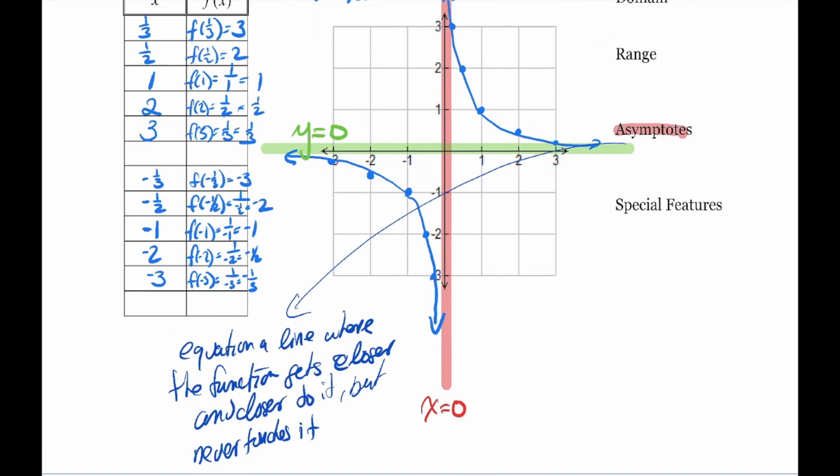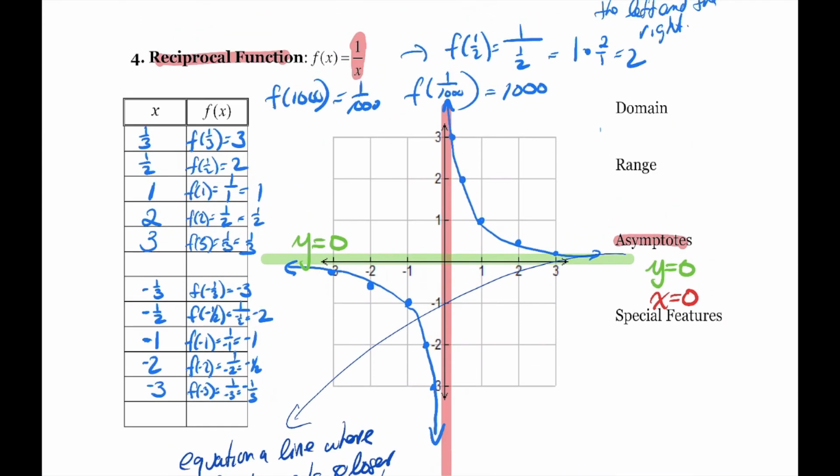So I'm actually going to answer this other question first. Were there two asymptotes? Well, the horizontal asymptote is going to be y is equal to 0, and our vertical asymptote is going to be x is equal to 0. So that actually helps us define our domain and range. The domain here is going to be x can be anything, but x cannot be 0.